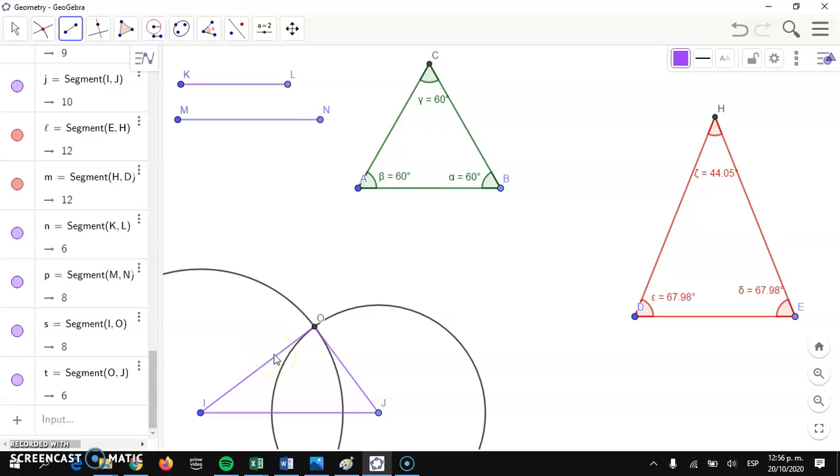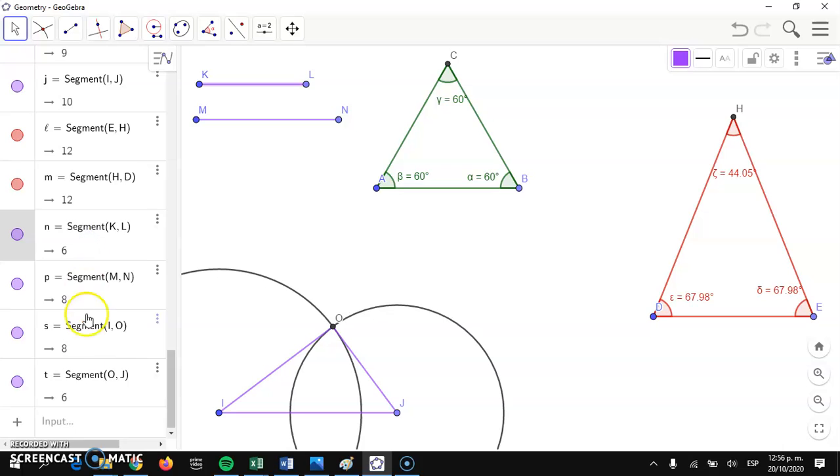I want you to notice something interesting: the segment KL must be equal to the segment OJ. So if we look for them, KL and OJ, they have the same length, as you can see in here.